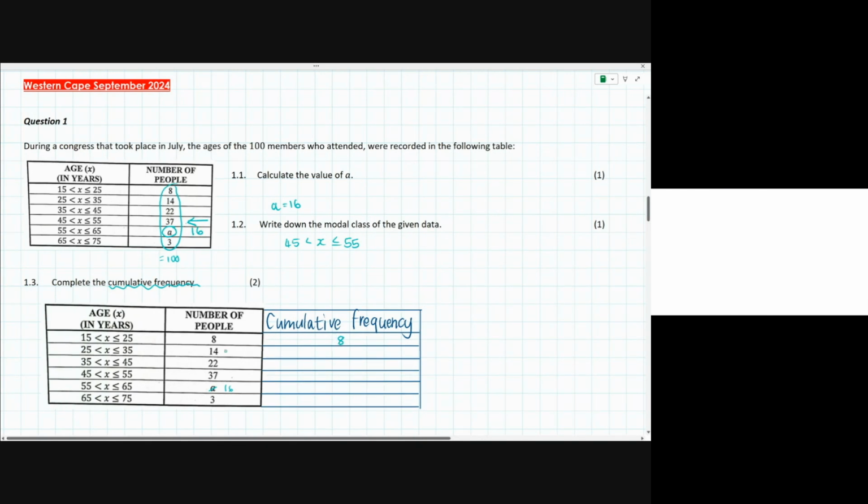So we'll have 8 plus 14, which is 22. And then we'll have 22 plus 22, which is 44. And we keep adding and accumulating until what we should get right at the end is the total that we have, which is 100. Right, so quickly for me, like 30 seconds, what are the missing cumulative frequency values that I need there?